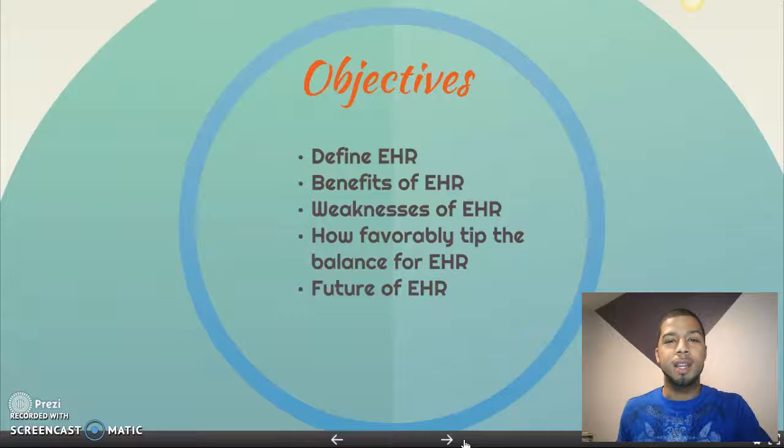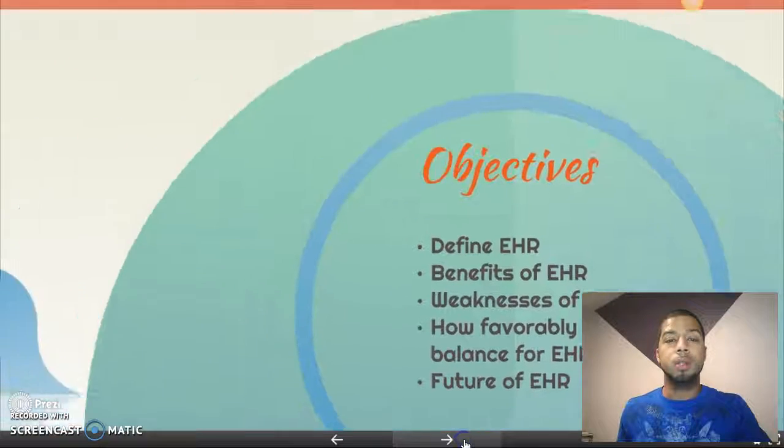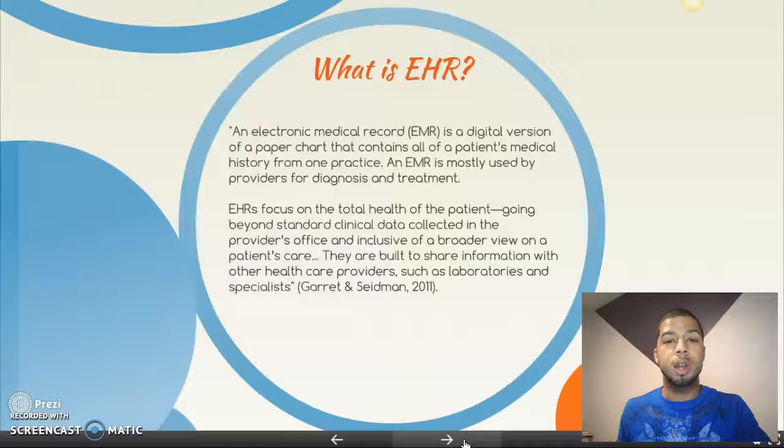Of course, understanding the benefits of why we need them, and then the weaknesses that are creating the delay in the utilization of EHR, and how we can favorably tip the balance to be more beneficial for healthcare and increase the utilization in the future, which we'll wrap up today with discussing what the future of EHR is proposed to look like. So let's go ahead and start with the definition of EHR and understanding how it's a little bit different than EMR.